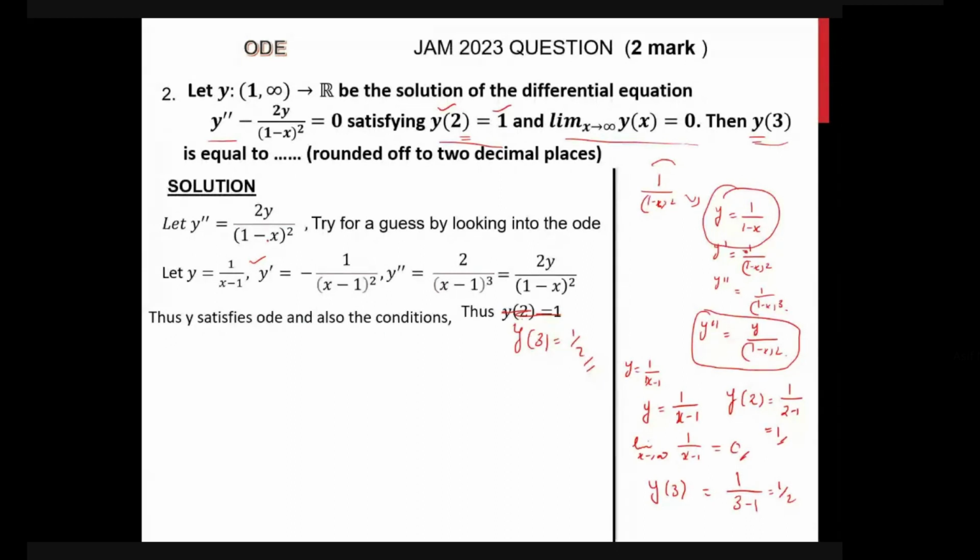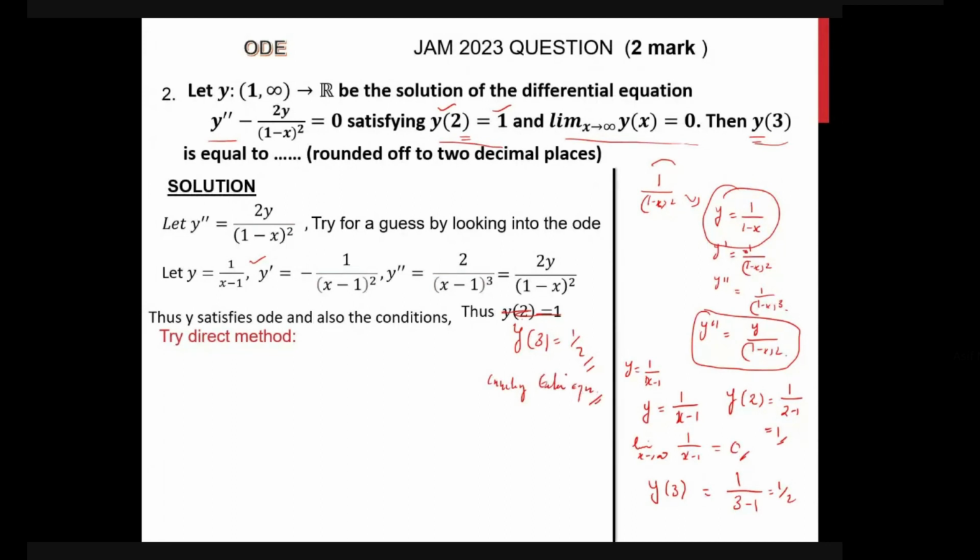Now if you try for a guess and you fail, don't take a lot of time for that. If you didn't get a guess in 30 seconds or 1 minute, you go for the direct method, which is something trickier here. In most cases, we might have a question on the Cauchy-Euler equation.